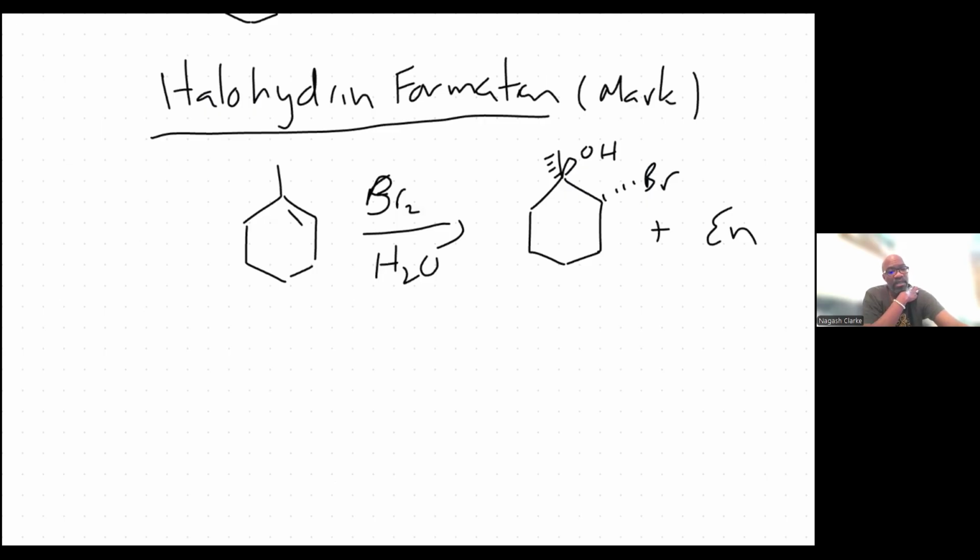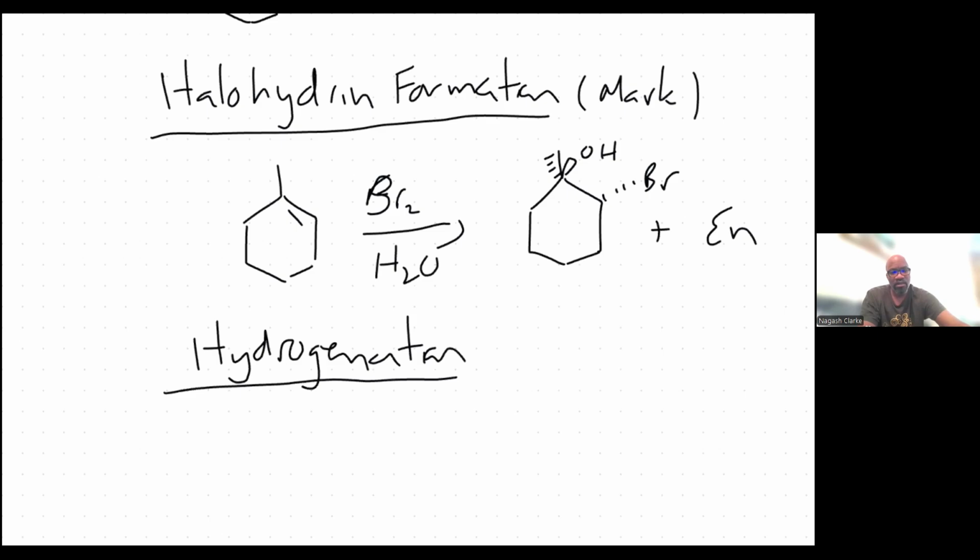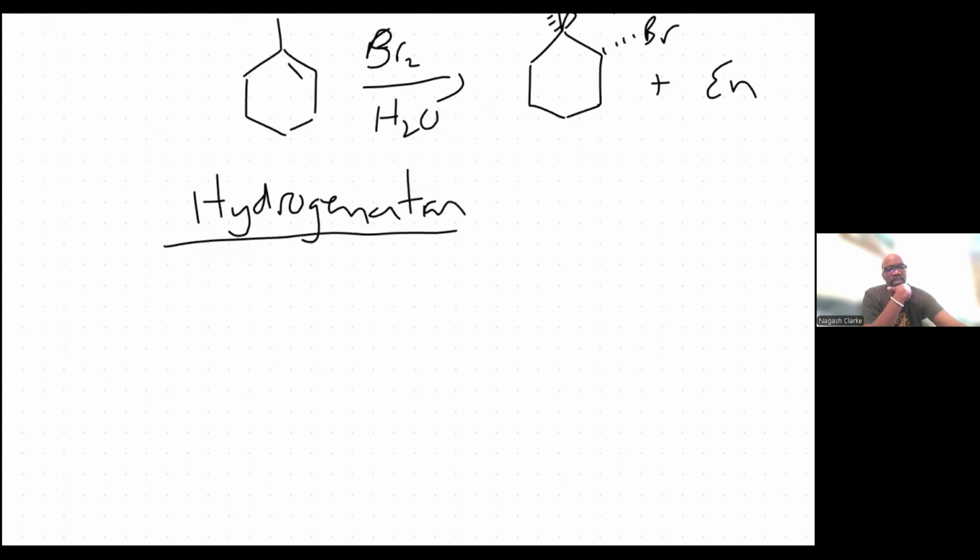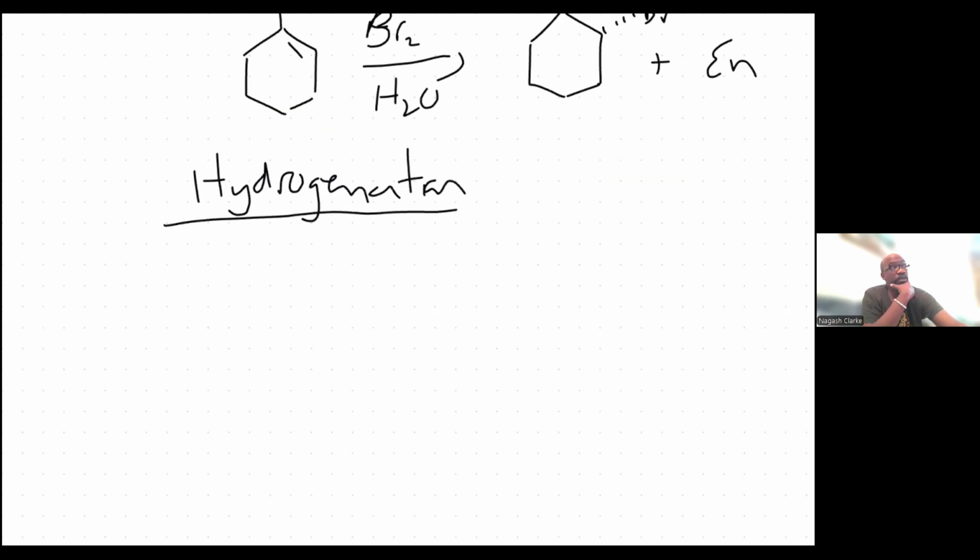Let's look at hydrogenation. Hydrogenation is very practical because we use that when we're hydrogenating oils and fats to make spreads like margarine. Think about hydrogenation. I'm going to use a cyclic alkene to make a point here.